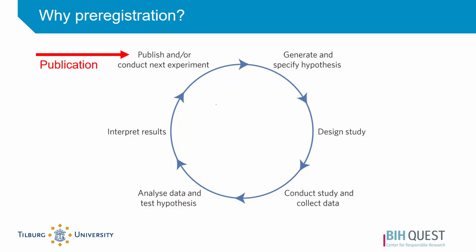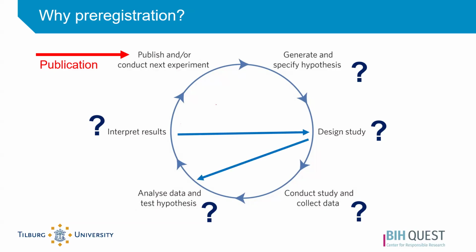But the problem here is that you don't really know whether all these things took place properly and whether they were done in the right order. Of course, the publication has a lot of information, but we are not sure that everything in the publication is actually the way it happened.